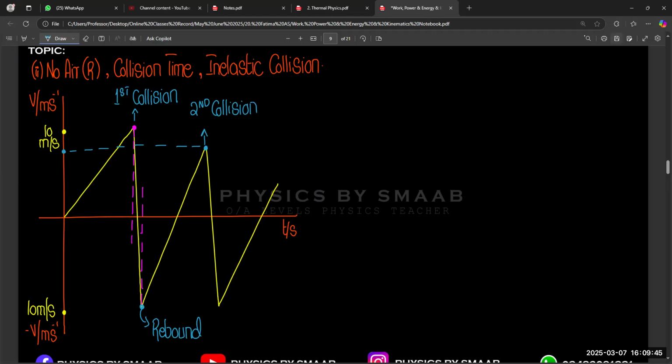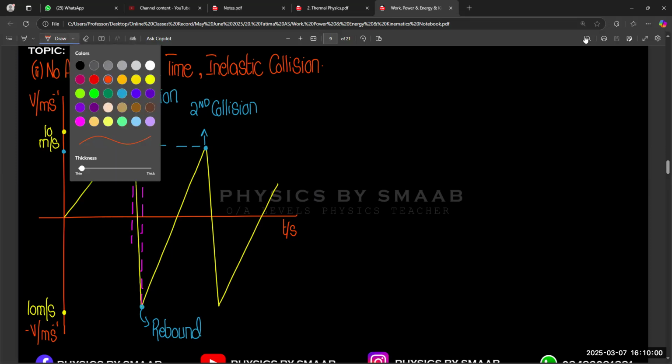And after this idea, we move on to equations of motion, because to solve this type of case we definitely use some formulas, and those formulas can be derived with the help of equations of motion.